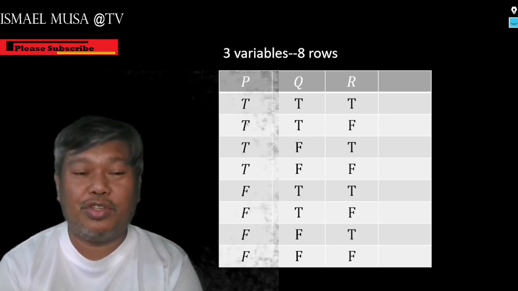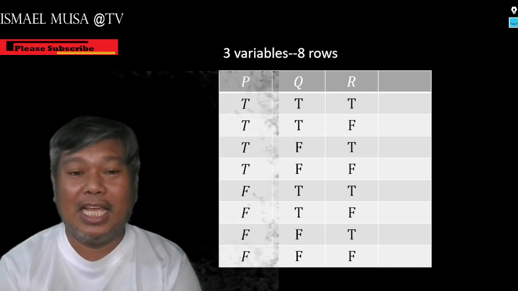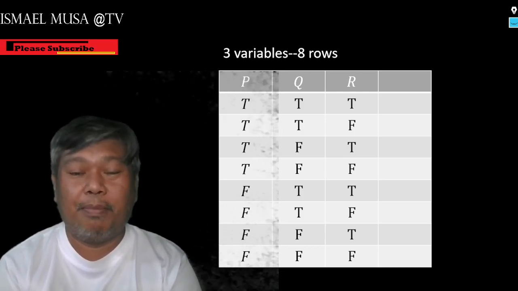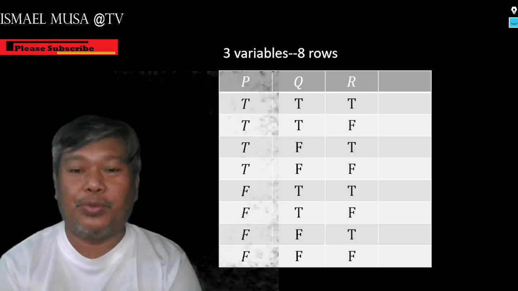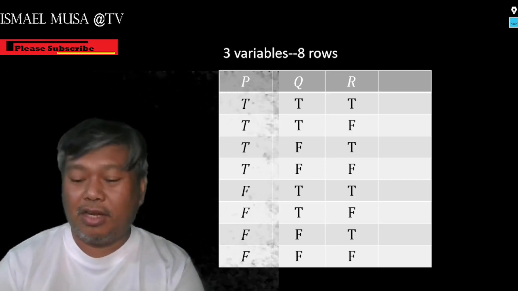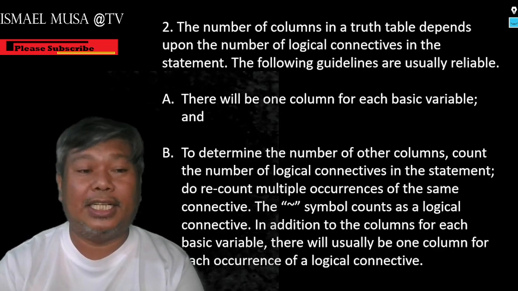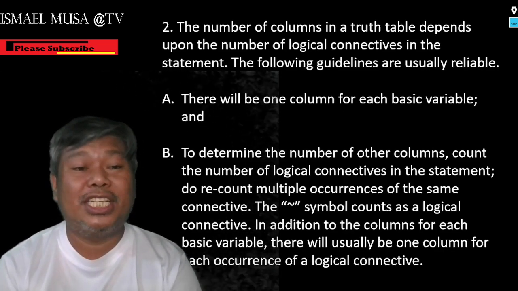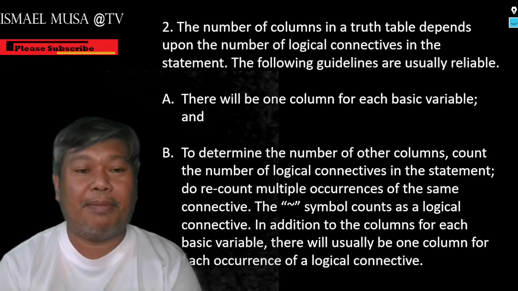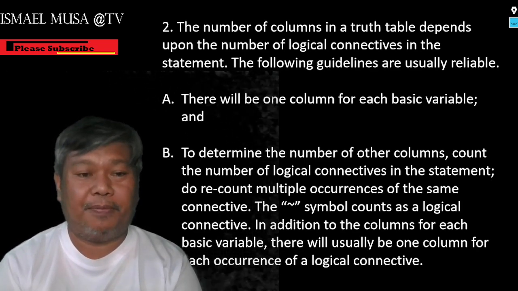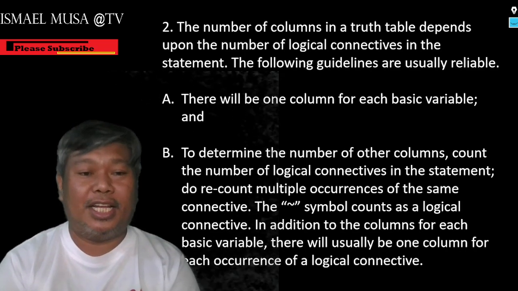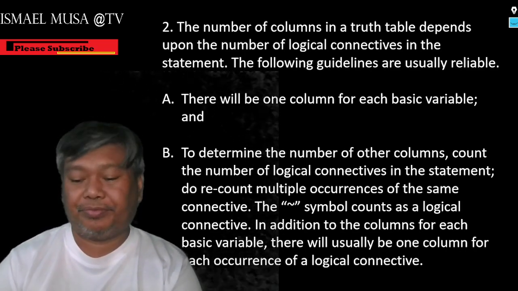For example, if you have 3 independent propositions, P, Q, R, 2 raised to 3 is 8. So that's why we have 8 rows. But how many columns? It also depends upon the number of logical connectives in the statement. The following are guidelines. You can just read.